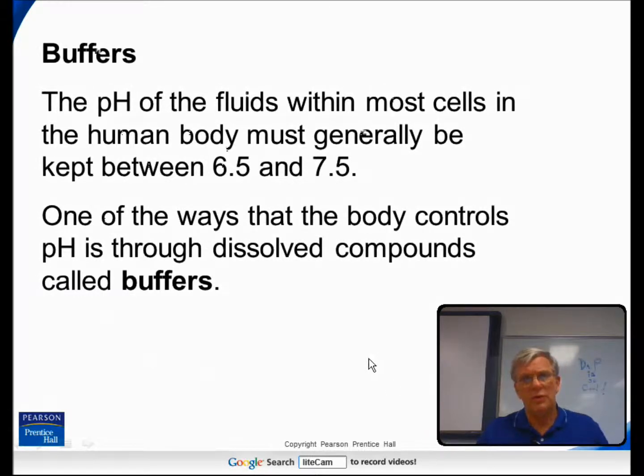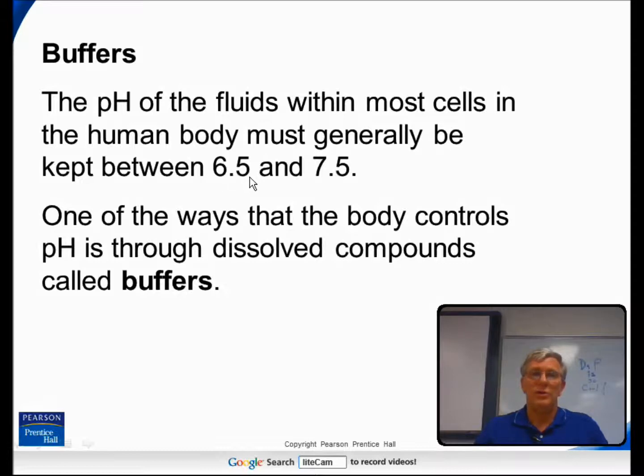Since pH is so critical, we have in our body fluids, particularly our blood, chemicals known as buffers. A buffer, without getting into a great deal of detail right now, is a chemical that helps to keep the pH within a fluid relatively constant.